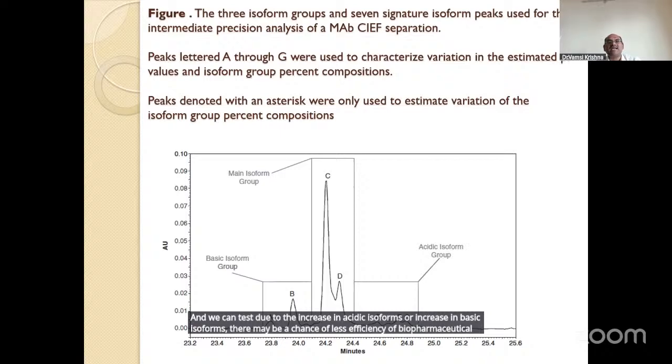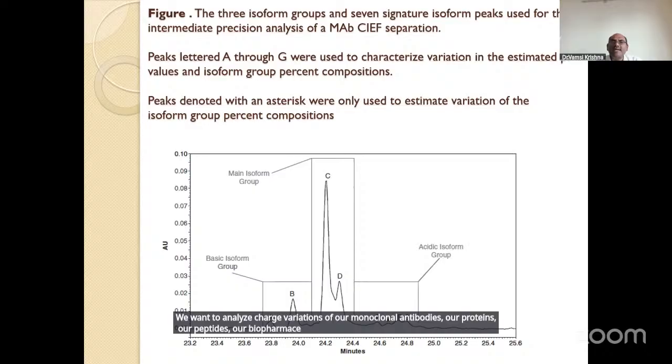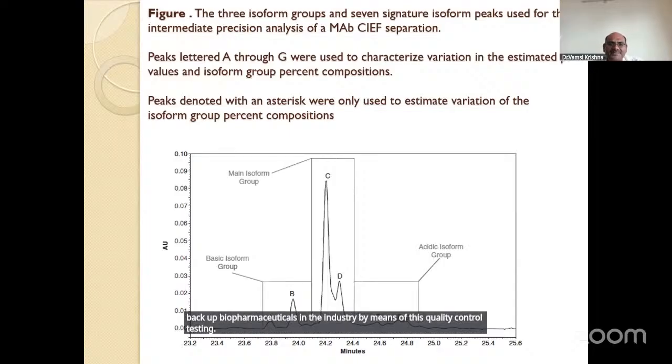So due to these reasons, we want to analyze charge variations of our monoclonal antibodies, proteins or peptides of biopharmaceuticals. We can quantify what percentage of basic isoforms and acidic isoforms are there, and then we can release the batches of biopharmaceuticals in the industry by means of this quality control testing. Next slide, please.